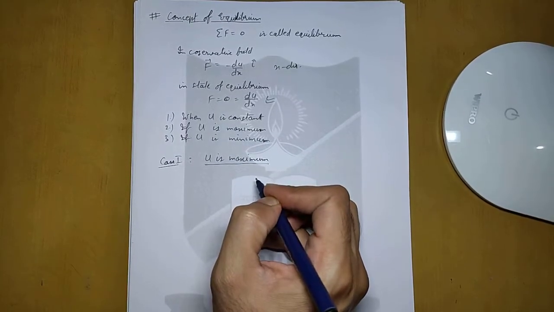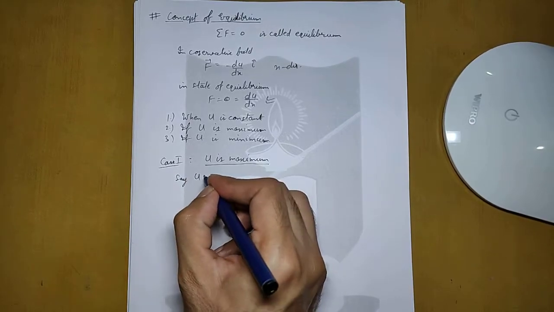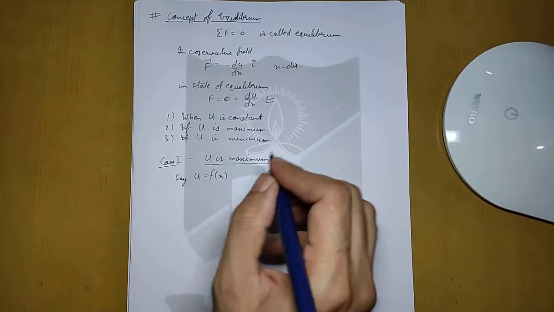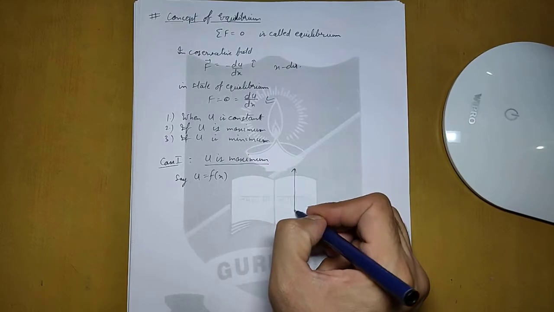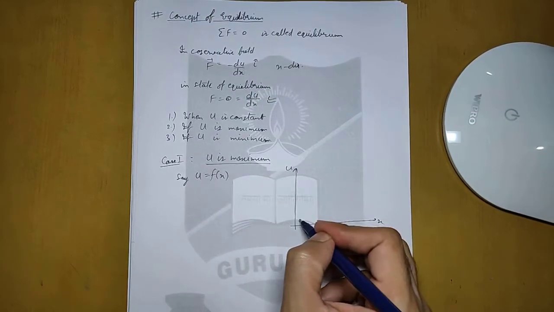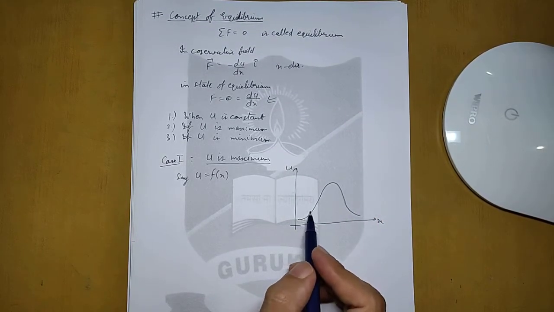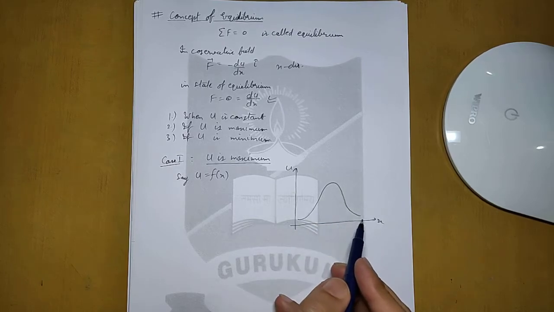So potential energy is maximum. Let us say that there is some potential energy which is a function of x. So if we plot a graph, then this graph can look like this, in which the potential energy is first increasing with x and then decreasing.